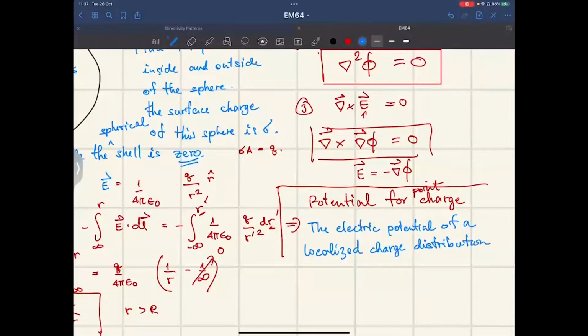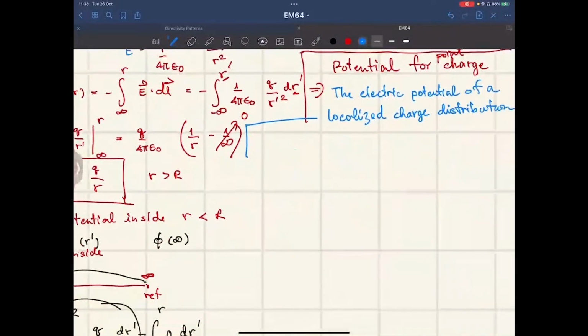Now we will see what happens if our charge is no longer a point charge. It has some kind of dimension. Now let's think about it first.